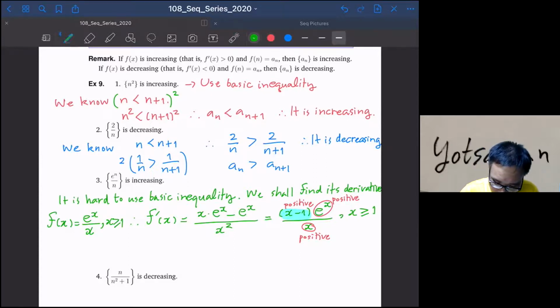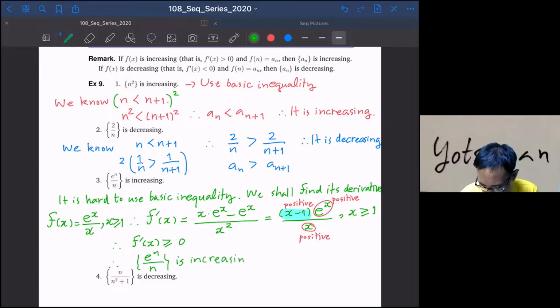So you have f prime of x is positive, so you have a_n is increasing. So you have e to the n over n is decreasing.